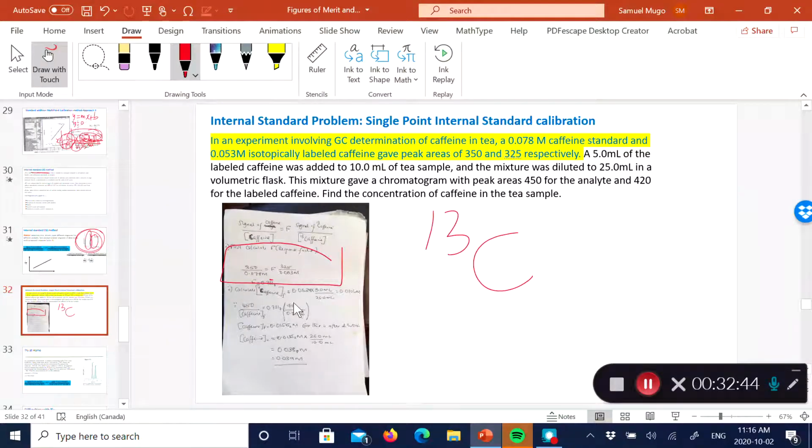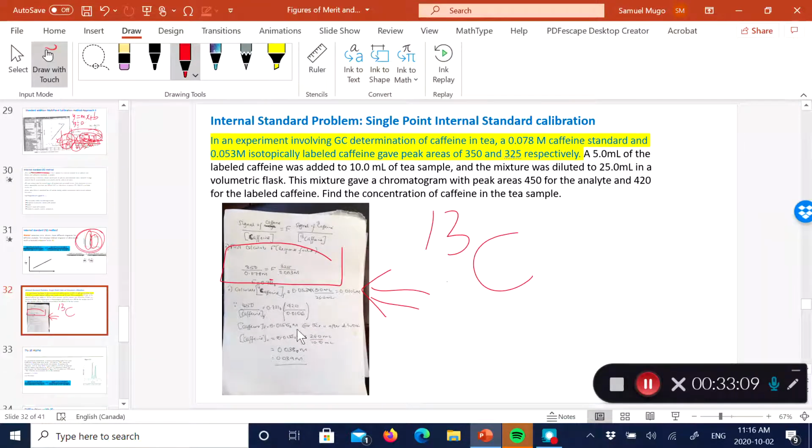You got the 420, that is the signal of the internal standard. And then you've got the corresponding concentration of the labeled caffeine, which is 0.016. Take note of this, account for dilution, because the concentration is multiplied by the dilution factor. So the only thing that is really not known is the caffeine, which is what you're looking for.